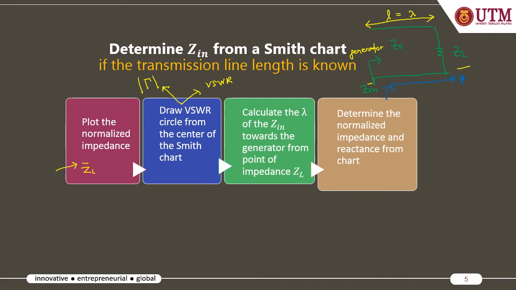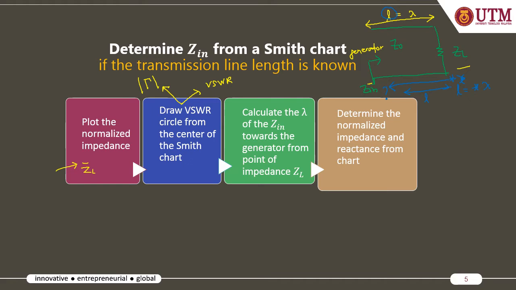In this case you need to consider the current point. The current point is the L that you know, the value in lambda, plus the wavelength towards the generator. Then you'll know the position of your input impedance.